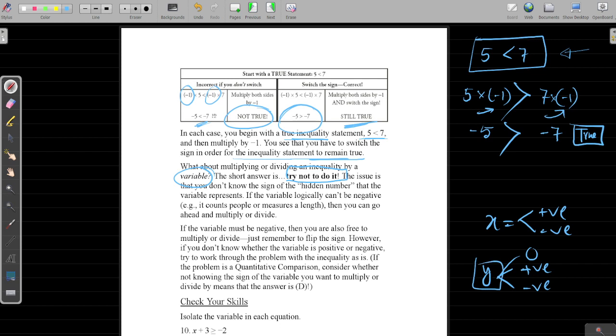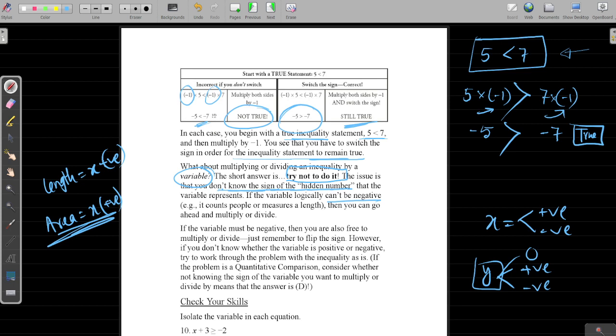The issue is that you don't know the sign of the hidden number, whether it is positive or negative. But if the variable logically cannot be negative, such as when we measure a length or an area, you know that a length cannot be negative, so it is a positive value. Similarly, if you calculate an area x, it is also positive, because area cannot be negative.